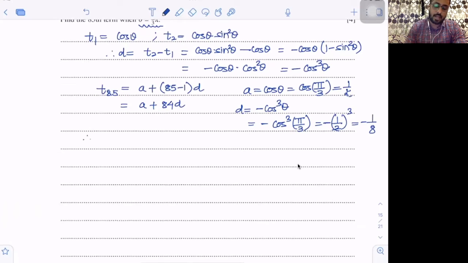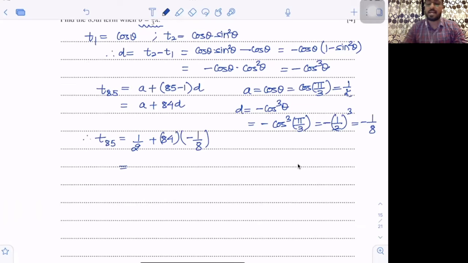So I can now have T85, the 85th term, as a. What's the value of a? It's 1 upon 2 plus 84 into d, the common difference, which is minus 1 upon 8. So you can simplify. I have 1 upon 2 minus 84 upon 8.